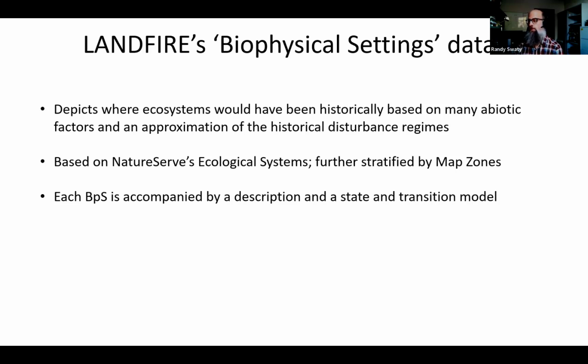And as you'll learn, we did modify that list a bit as we went through the process. And there is some stratification by map zones. Also, importantly, each biophysical setting is represented spatially in the biophysical settings spatial data set, and is also accompanied by a text description and a state and transition model. So it's literally a bundle of information that I think can be very useful.